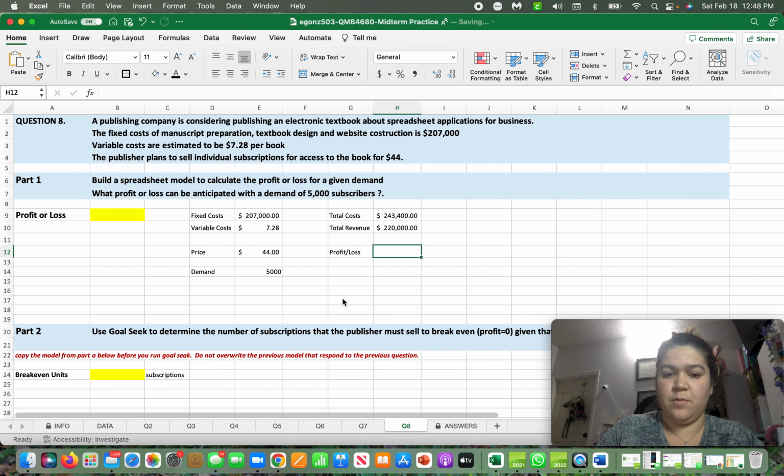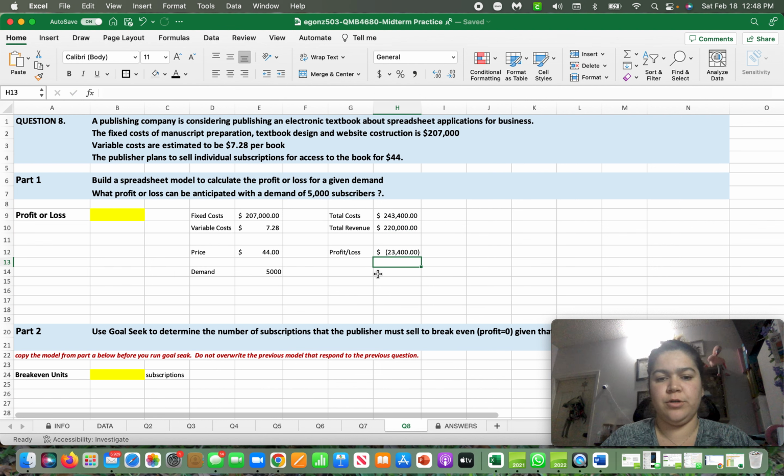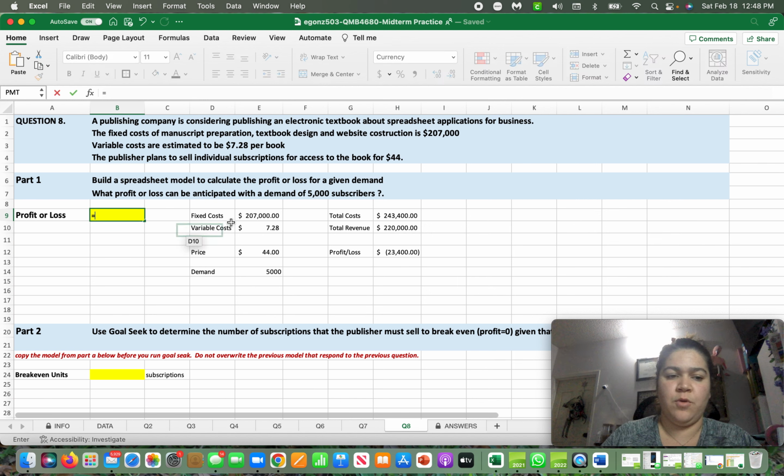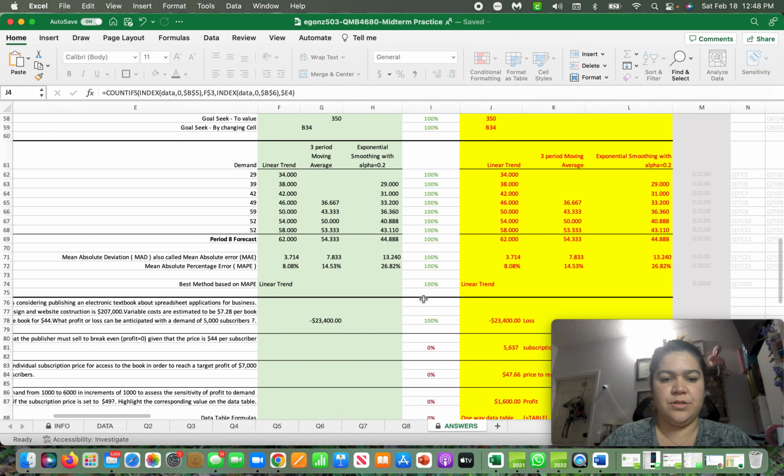Profit and loss is going to be equal to the total revenue minus the total cost. Or we can say here, we're short. So that's why they're asking here, profit or loss, and then we're going to go back in reference to this number right here. Let's go back to answers.